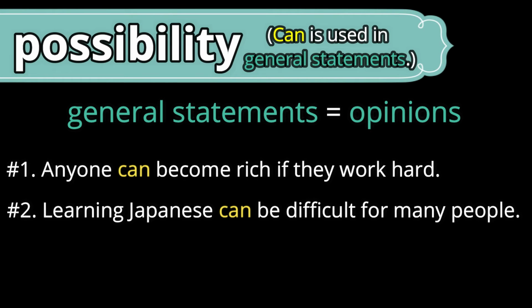Anyone can become rich if they work hard. So it's possible that anyone can become rich if they work hard. We use can. And in the next one, learning Japanese can be difficult for many people. All right, so we're talking about how possibly learning Japanese can be difficult for many people.